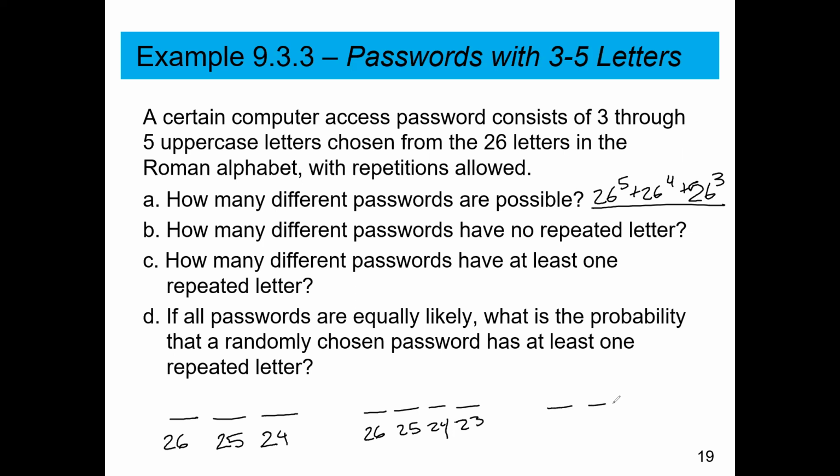And the last one would be similar, but essentially it'd be 26 factorial over 22 factorial. Sorry, 21 factorial. So I want to allow the last spot because it's going to be 26 minus 21. So let me erase this to 21.